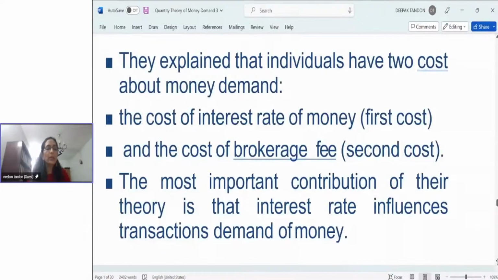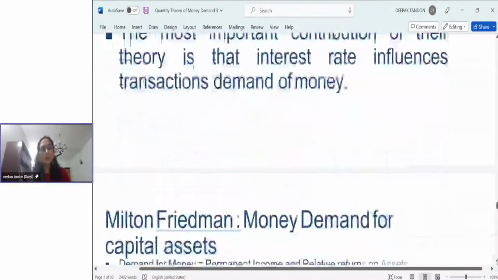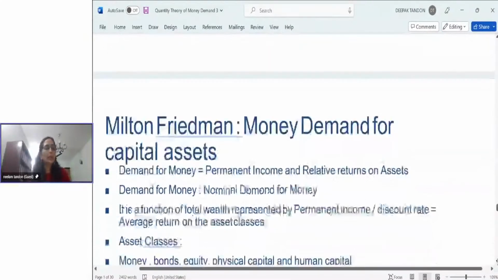So the most important factor which Baumol introduced was interest rates, and he connected it to transaction demand of money, which no other economist had done in the past. So that is how his theory was different to some extent from others.